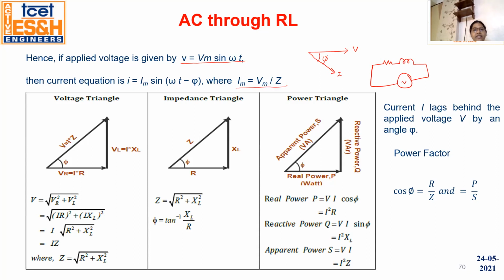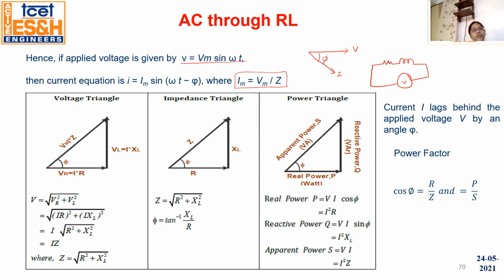Clear? And this is the value of maximum current, Vm by Z. Now there are 3 types of cases from which we can draw a triangle: voltage based, impedance based and power based. So all these 3 triangles are known as the voltage triangle for RL circuit, impedance triangle for RL circuit and power triangle for RL circuit.